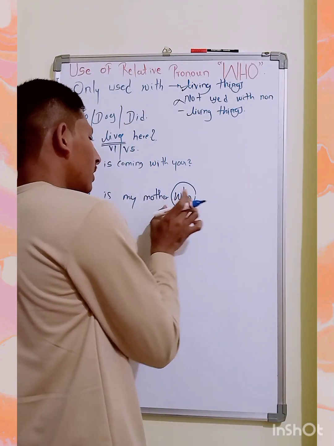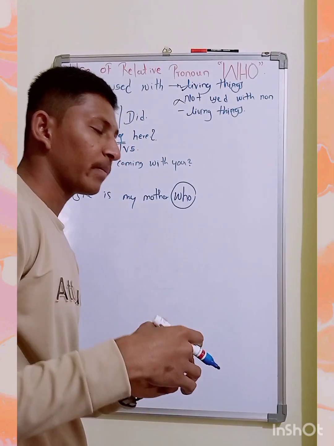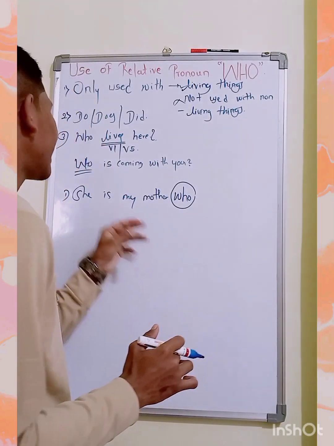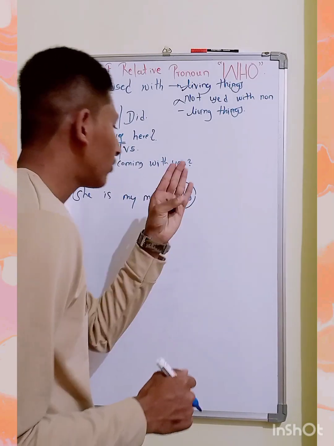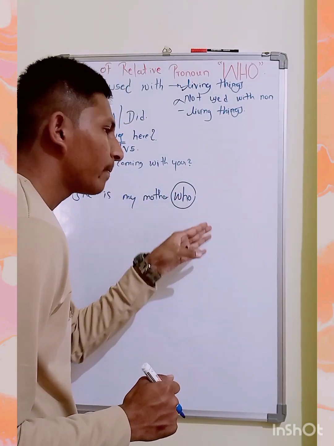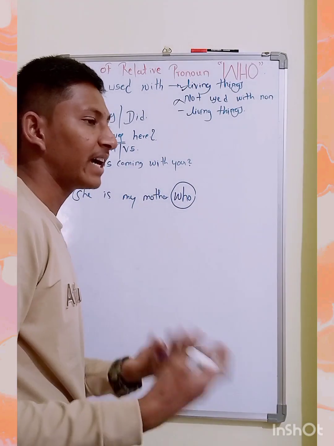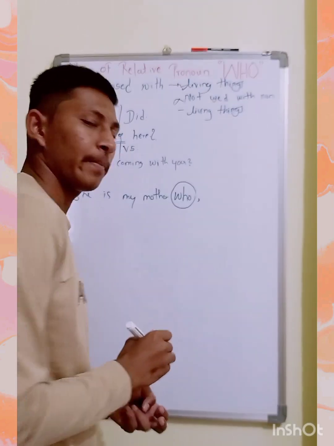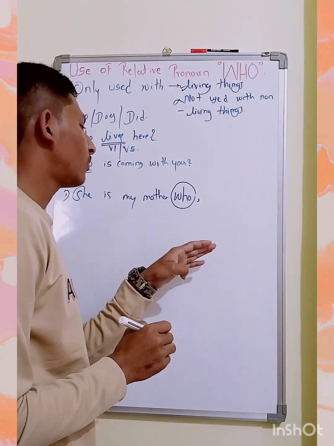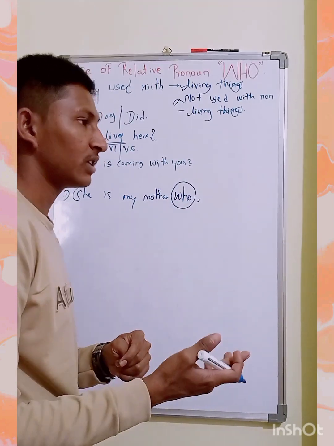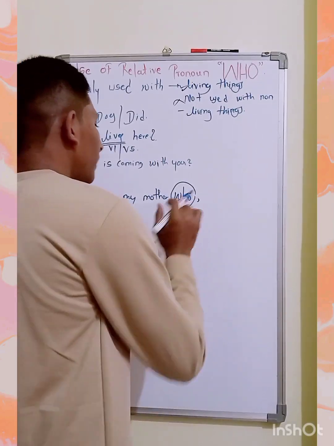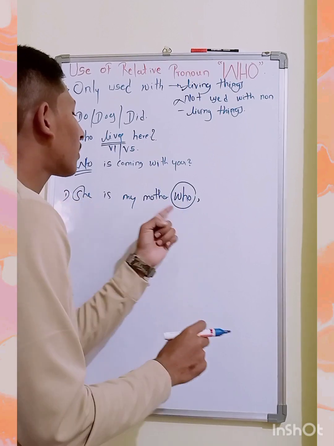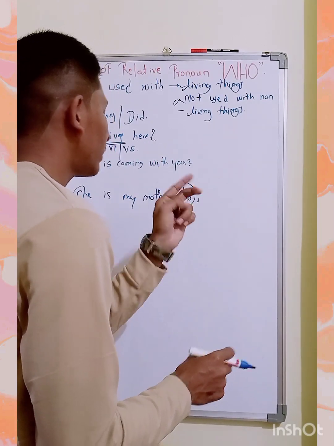She is my mother. This is a single noun. If I want to add another piece, the tail of the sentence, then I have to take the assistance of the word who. Otherwise, this will not be correct. So now this will replace the comma. The word who works as a subordinating conjunction to replace the comma, which becomes the bridge between two sentences.